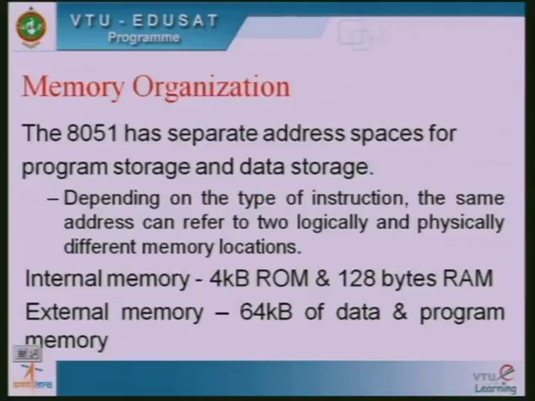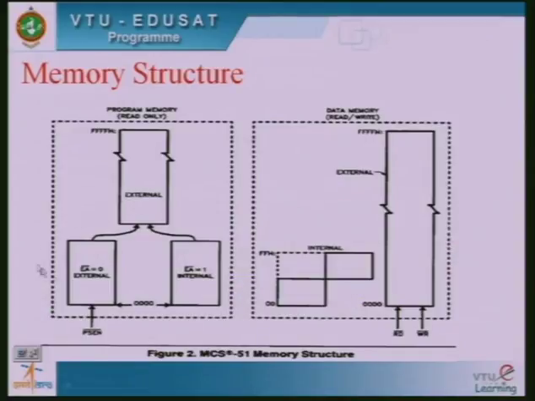External memory can be connected up to 64 kilobytes of both data as well as code memory. So both program and data memory can be extended up to 64 kilobytes as shown in this diagram. You already have some internal memory, and you have two special pins.